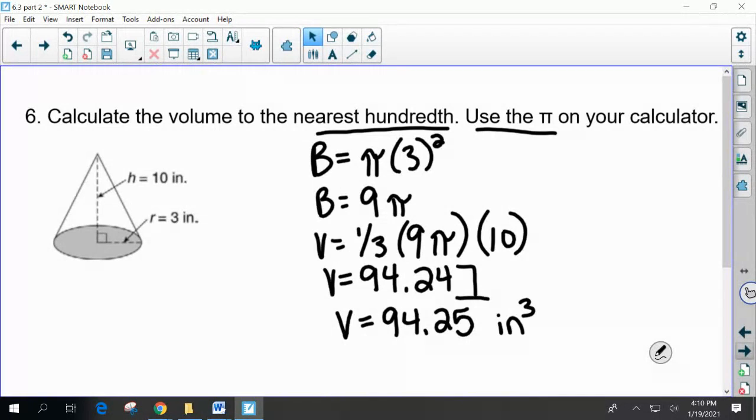Okay, rounded to the nearest hundredth, you would get 94.25 inches cubed.